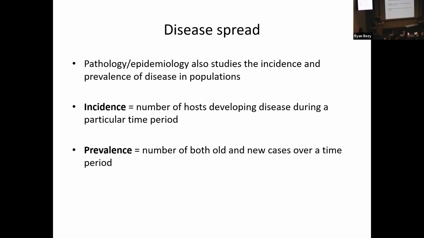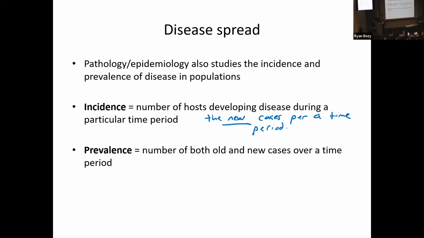Disease spread. Pathology, epidemiology also studies the incidence and prevalence of diseases in populations. The incidence is the number of hosts developing disease during a particular time period. Basically this is just saying the new cases per a time period.